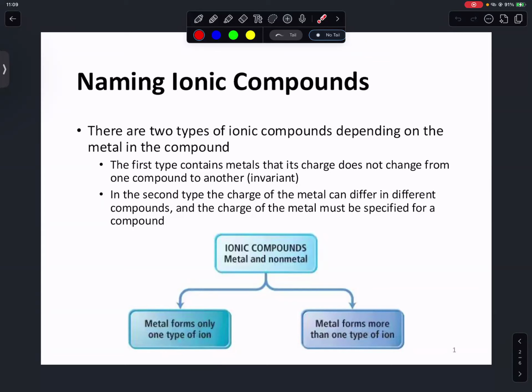The second type, which will be the focus of this video, is naming ionic compounds containing metals that have variant charges, or can form more than one type of charge.